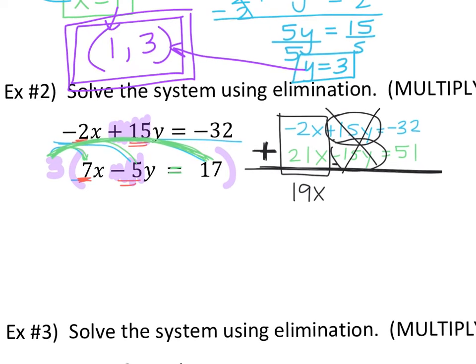And then I have negative 32 plus 51, and don't forget your equal sign comes down here. That is 19. Well, now all I have to do is divide by 19 on both sides, and I get x equals 1.